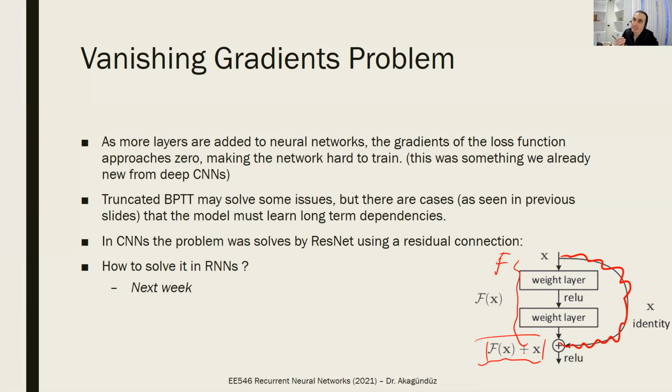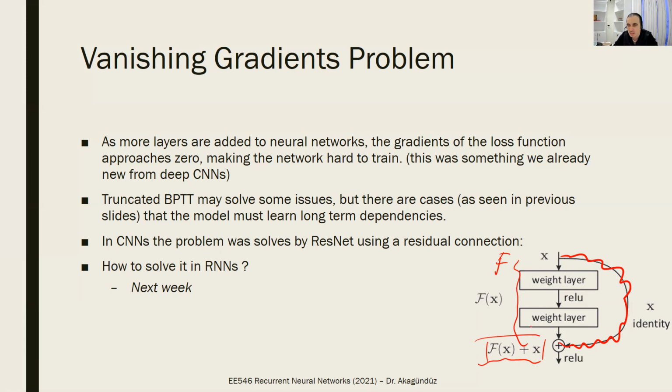Why? We have done this analysis in the previous semester, but we could make the analysis in two ways. Let's analyze it in the forward pass.